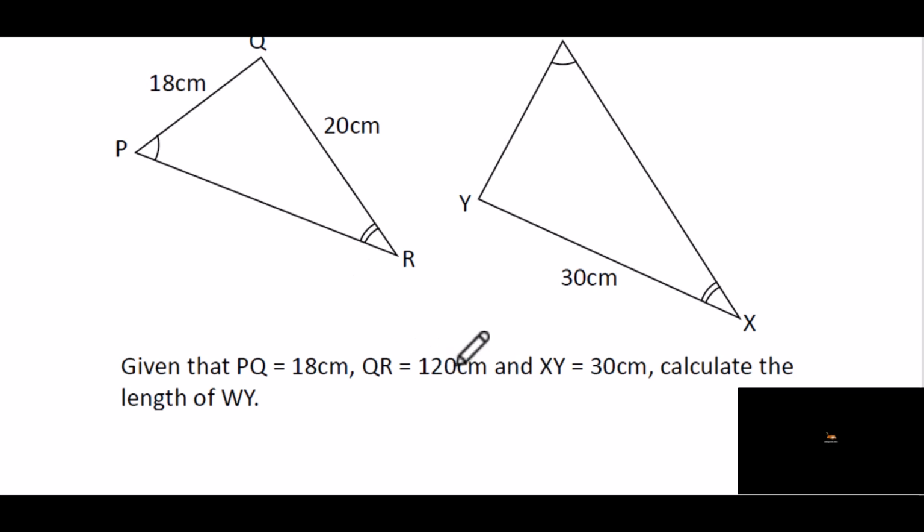So this is not supposed to be, QR is 20. Okay, not 120, but supposed to be 20.